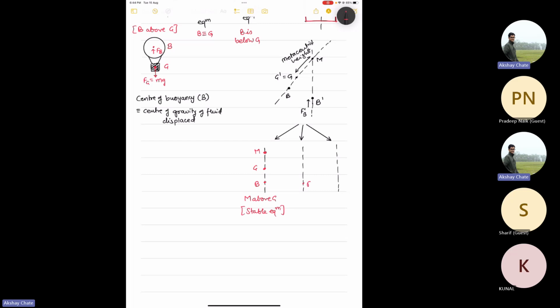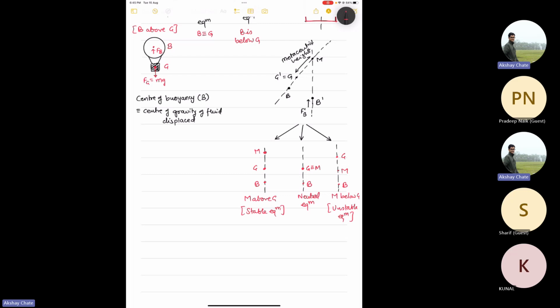And in some cases, your G and M will coincide, so that will be your neutral equilibrium. And in some cases, your M will be below G, so this is your unstable equilibrium condition. So yeah, this is the case for these floating bodies.